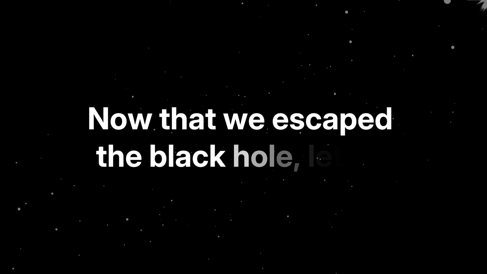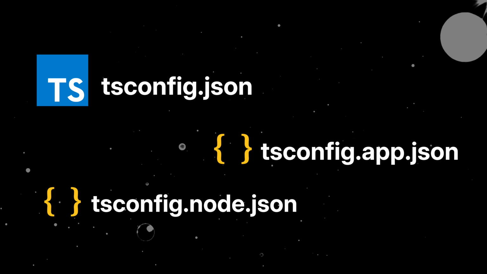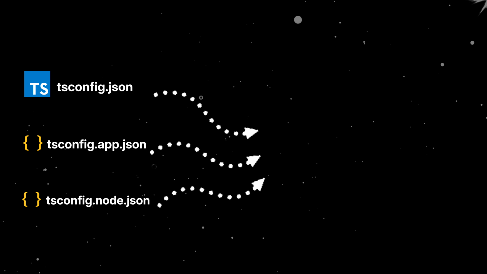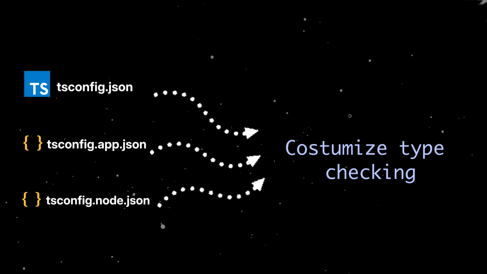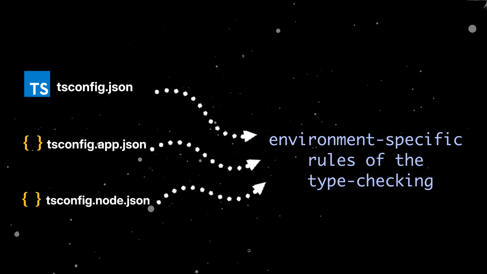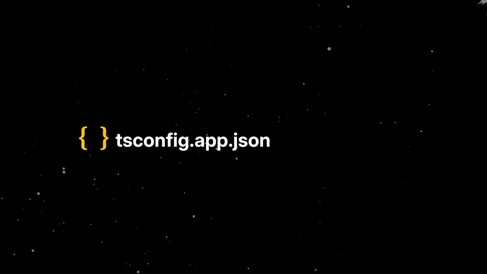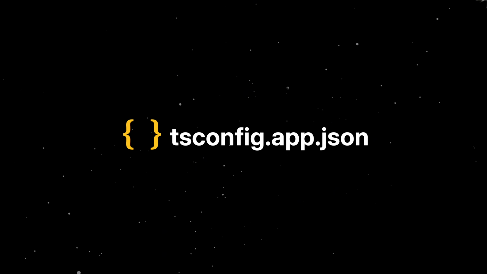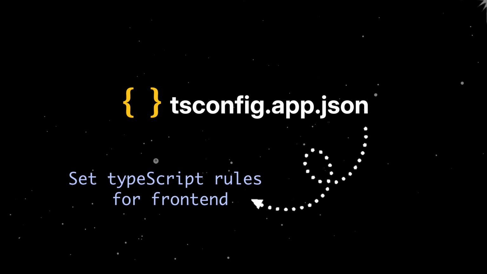Now that we escaped the black hole, let's work through these TypeScript configuration files. Each one of these files helps you to customize the TypeScript type checking experience according to your preferences. Think of these files as the environment-specific rules of the type checking experience offered by TypeScript. First, we have the tsconfig.app.json file, which sets the rules for your frontend or React code.